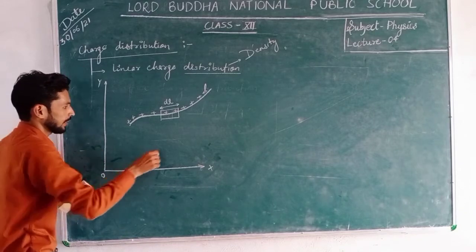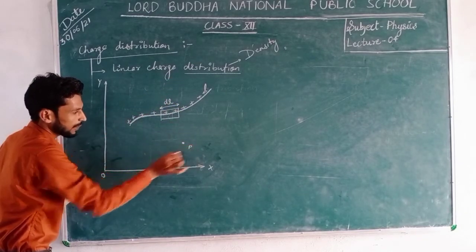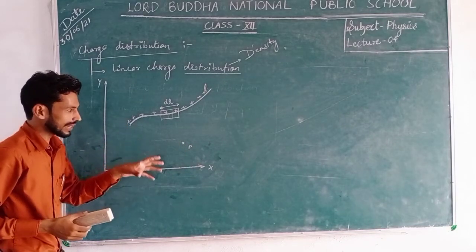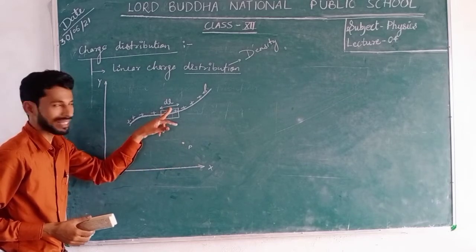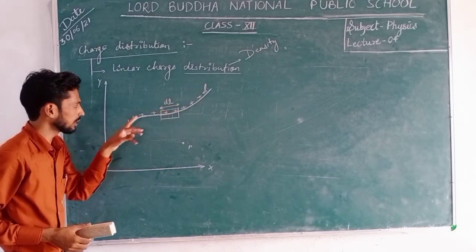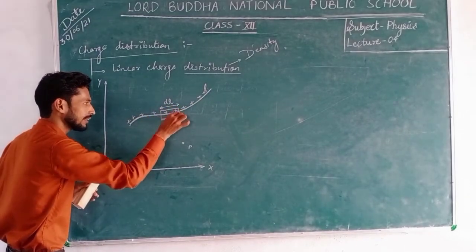In this condition, suppose that there is another point P. At the point P, we want to calculate the total force acted by this wire, because this wire has a distribution of charge and we are taking only length dl.